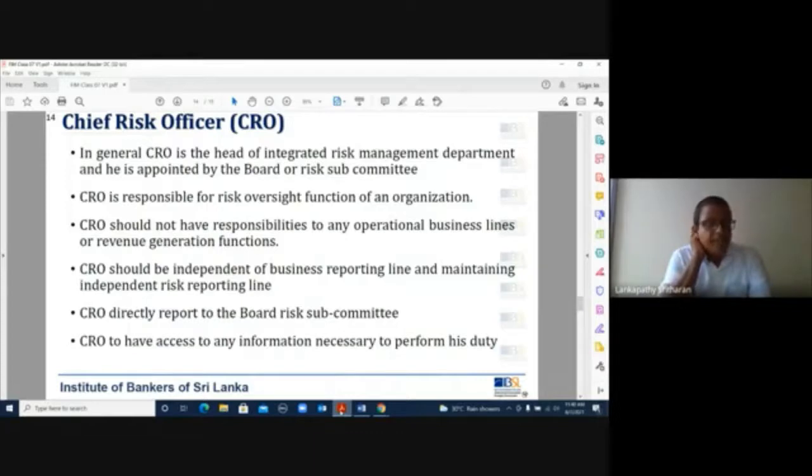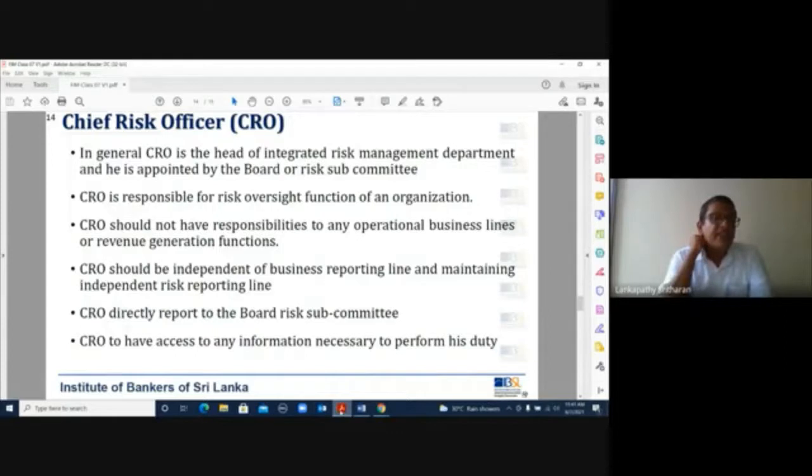The CRO should be independent of the business reporting line, maintaining independent risk reporting. That is important. Even though a risk officer does not have the independence that an internal auditor has, the Chief Risk Officer should also have a certain level of independence.